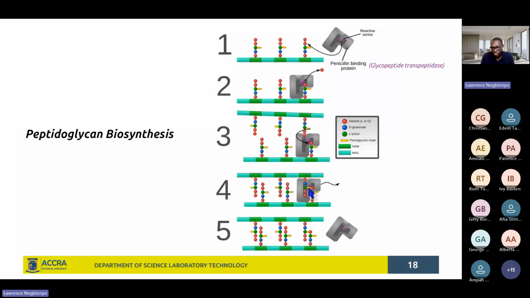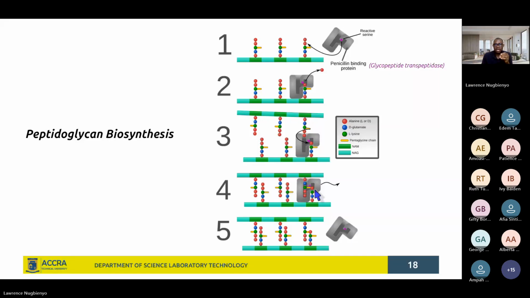So that's a linkage which is formed. So the enzyme is responsible for the formation of that cross linkage between the peptide chains that are on N-acetylmuramic acid. That's the function of the glycopeptide transpeptidase in this process of the peptidoglycan biosynthesis.